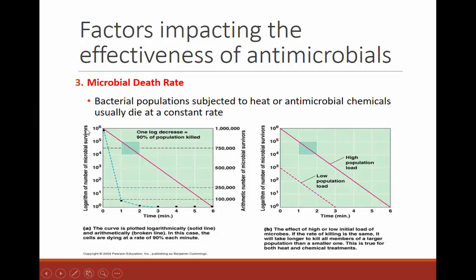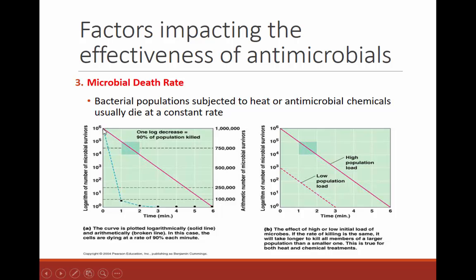Okay, if we've got time in minutes on the x-axis, just look at the pink line down in the graph, because this is the logarithmic decrease, because on the y-axis you've got the logarithm of the number of microbial survivors.